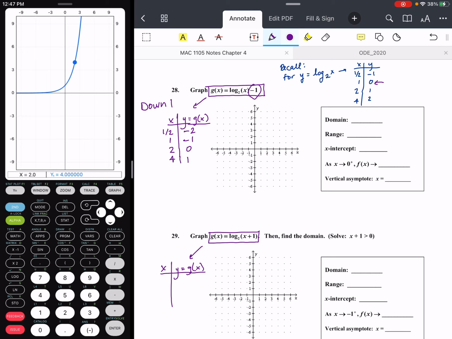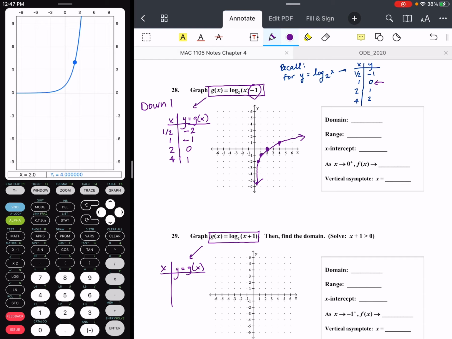So let's go ahead and plot these. So I have 1/2 and -2, 1, -1, 2, 0, and then 4, 1. All right, so as I draw my log function, I always want to draw that kind of asymptotic behavior skating right along that vertical y-axis.